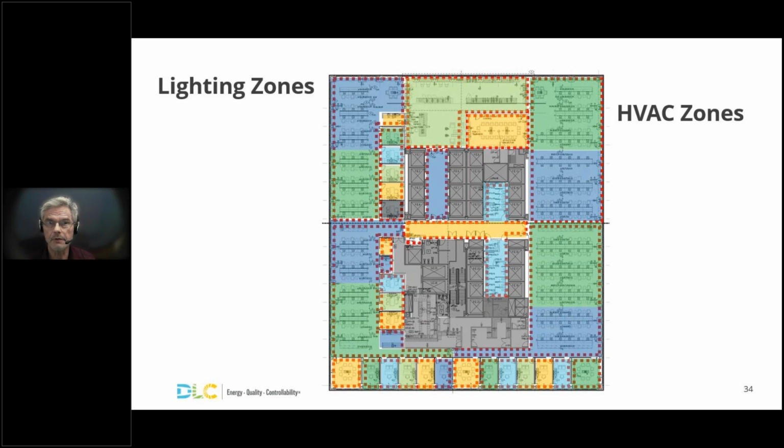Each HVAC zone is comprised of a group of multiple lighting zones, which makes this building a good candidate for integration. If some of those HVAC boundaries had crossed through the middle of a single lighting zone, that would make integration more difficult and possibly less successful, depending on exactly how you handle the different occupancy sensors.